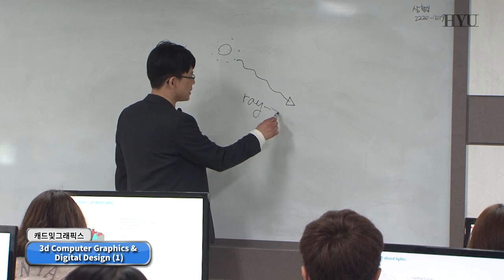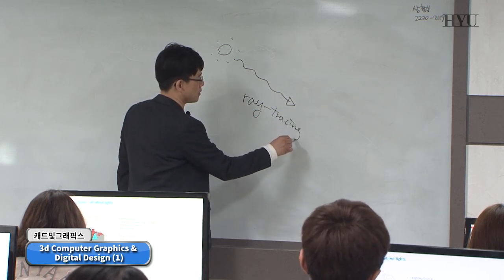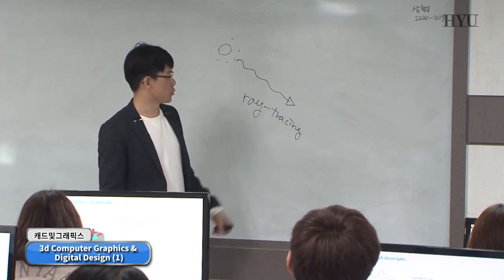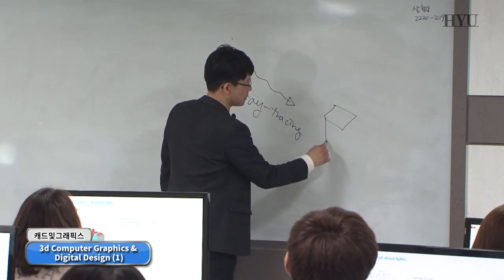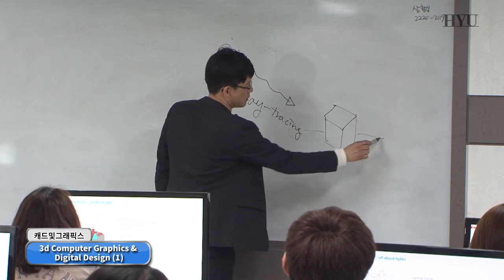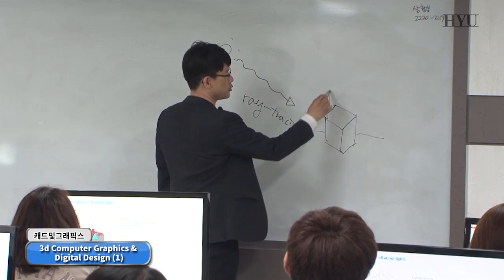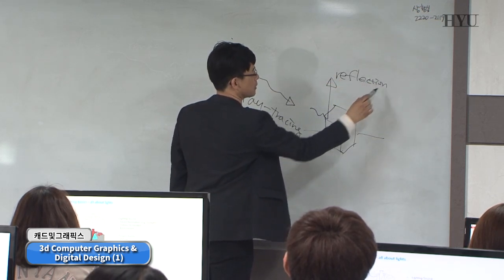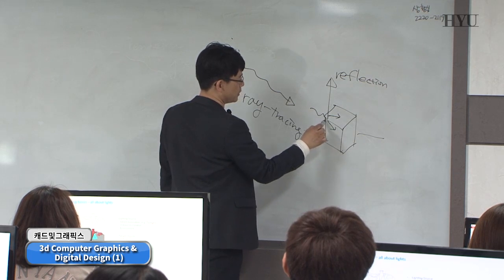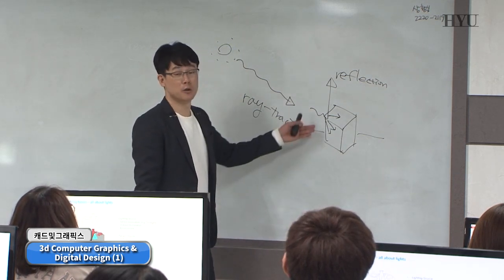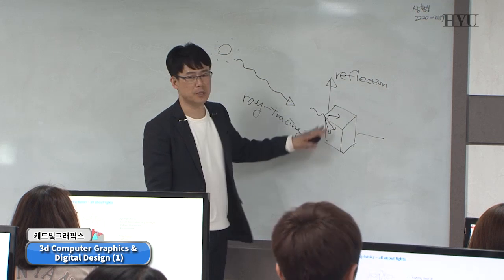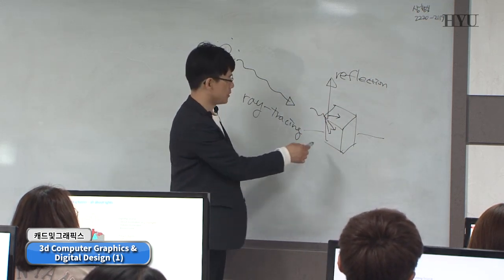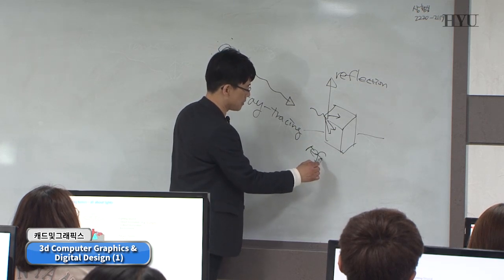So ray tracing means 광선 추적, okay? If there is an object, some rays are going to be reflected, okay? Reflection. Some rays are going to be absorbed into the surface, diffuse. If this is transparent, some refraction.